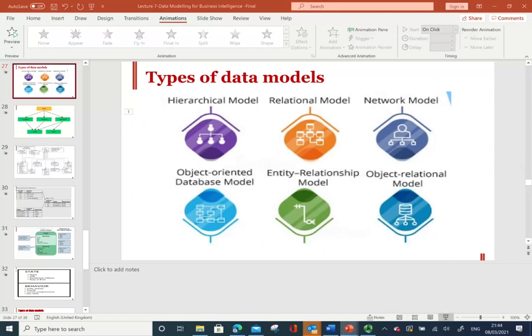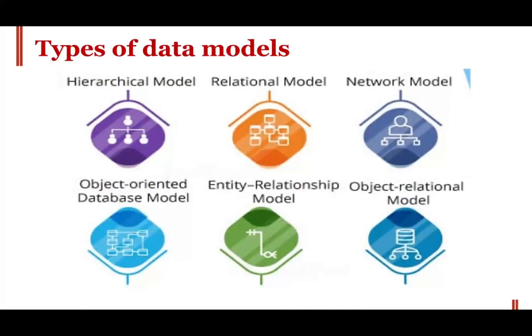So let's go. There are 6 types of data modeling or data models that we are going to discuss as maybe the last section of today's lecture, as we are going to address the advantages and disadvantages later on. So 6 types. The first one is hierarchy, and the meaning is quite clear from the word. So you have a parent record and you have children records, and it specifies one to many relationships.